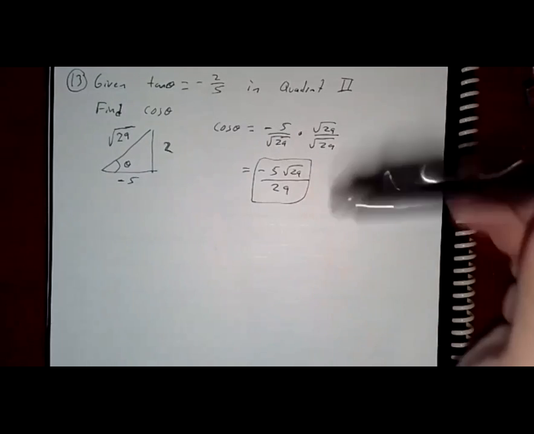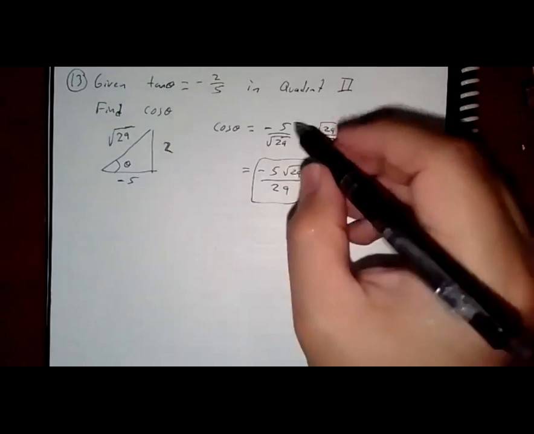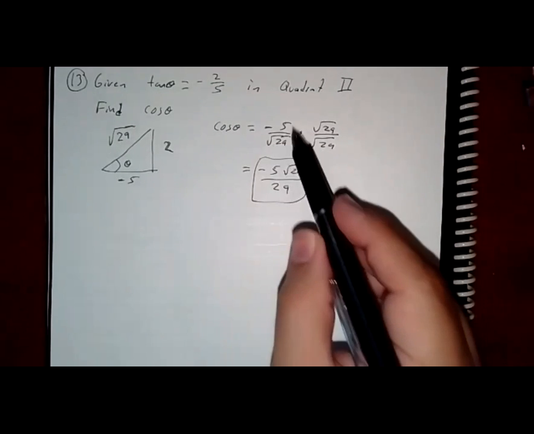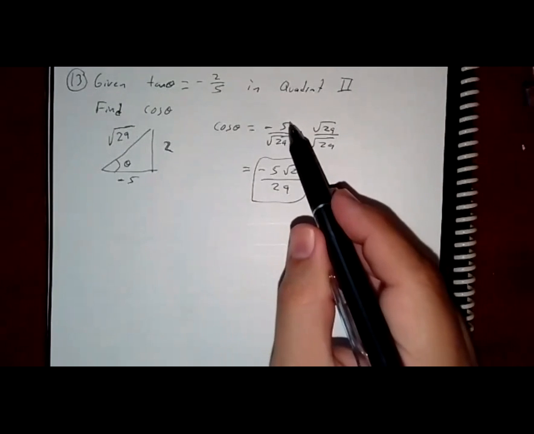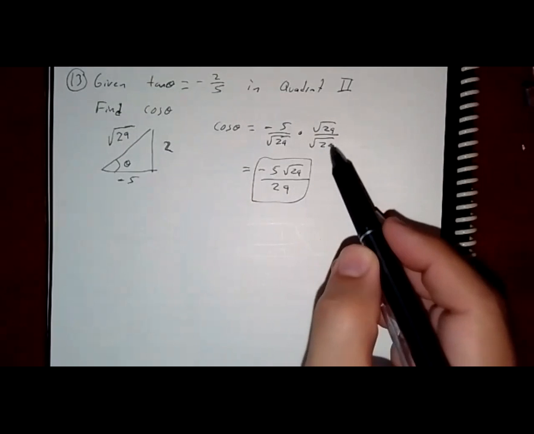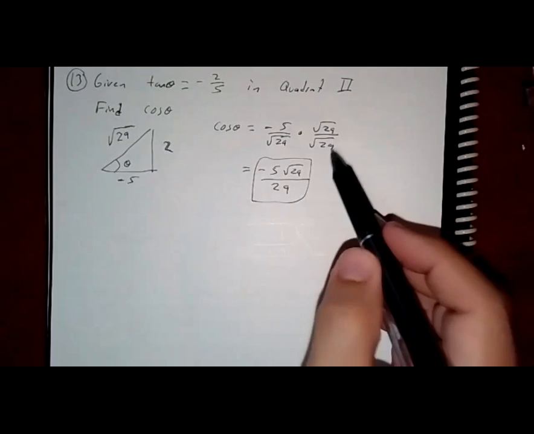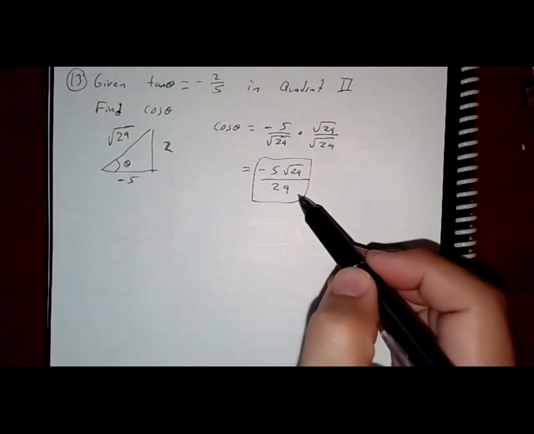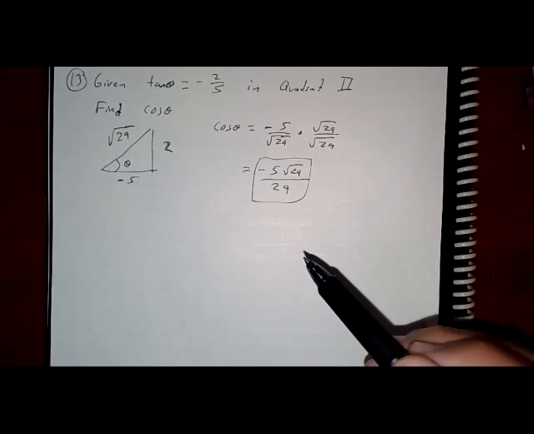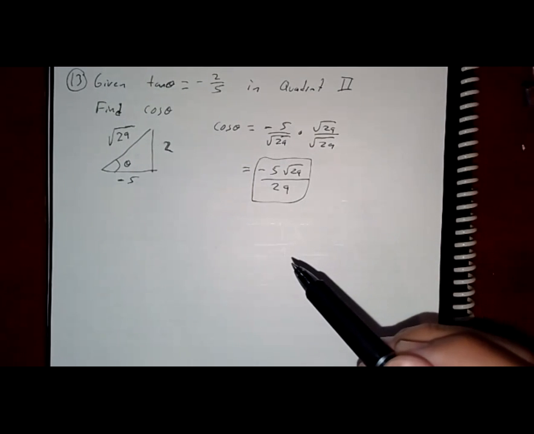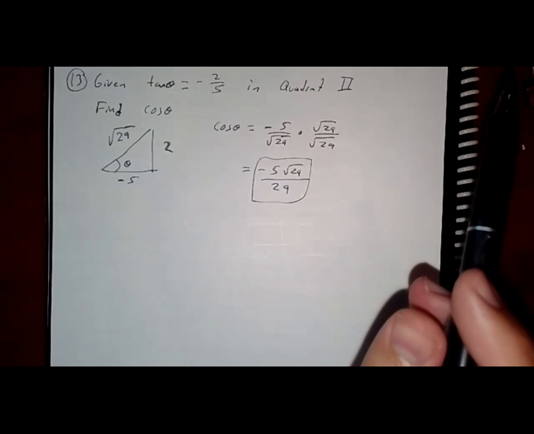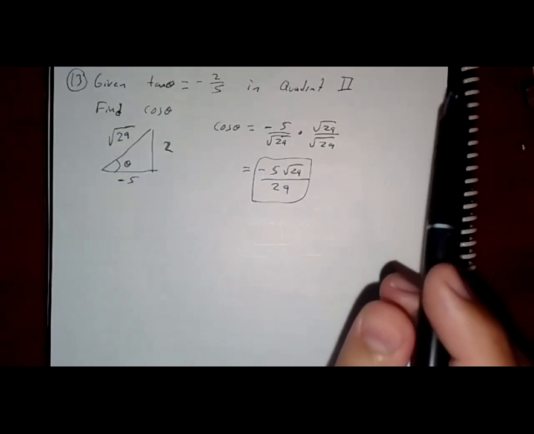Remember that cosine is equal to adjacent over hypotenuse. That's where this came from. And then you have to get rid of the square root by rationalizing, multiplying the top and bottom by square root 29. So that gets us to this answer, canceling the root on the bottom. This question assumes you know the definitions of sine, cosine, and can build the triangle.